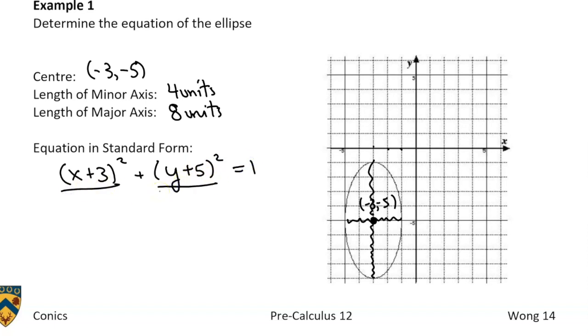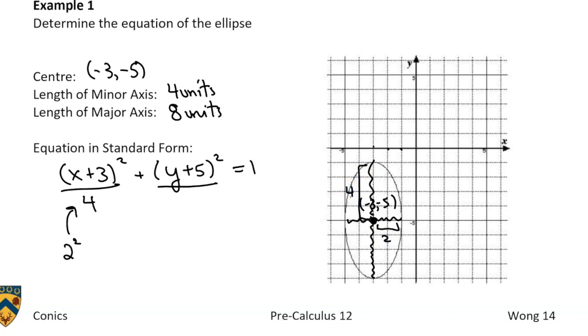And horizontally, we've gone 2 to the left and 2 to the right, and 2 squared would give us a 4. So that would represent something that would look like it's a horizontal expansion by a factor of 2. And if you're still not sure how we came up with that 4, it's because it's 2 squared. And that's because from the center, we've gone over 2 units, and we've gone up and down 4 units each.